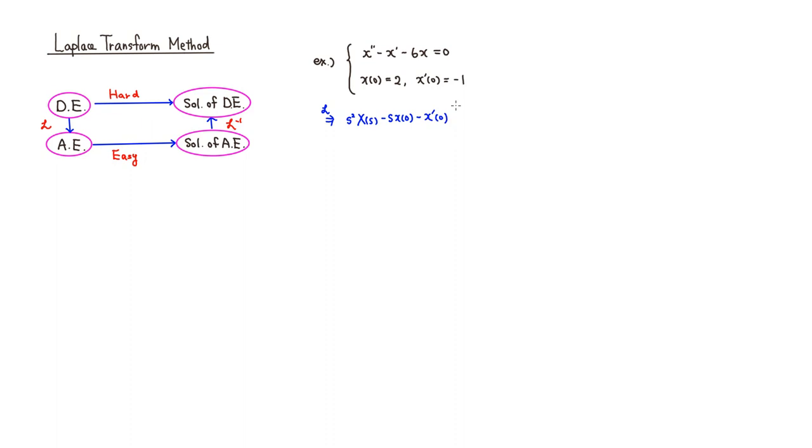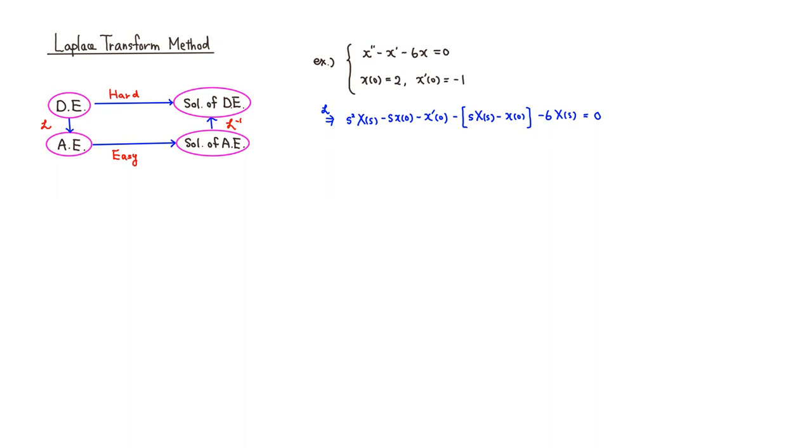And a minus, the Laplace transform of x prime, which is s times capital X of s minus x of 0. Then negative 6 times the Laplace transform of x, which is capital X of s. And the Laplace transform of 0 is 0, so we put that 0 here. So we take the Laplace transform of both sides and you get this.